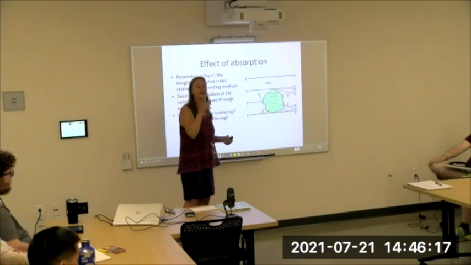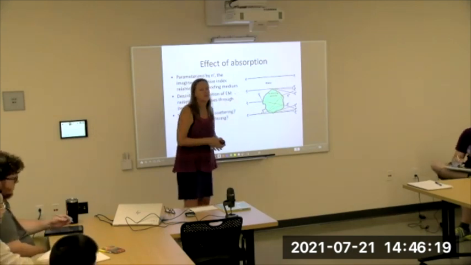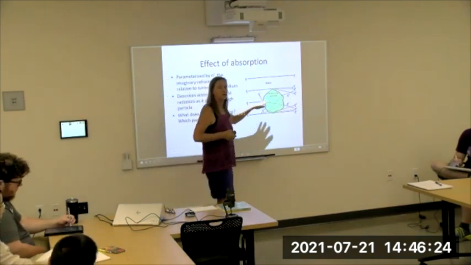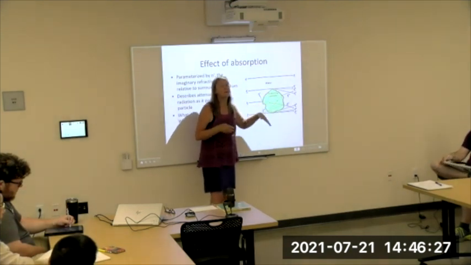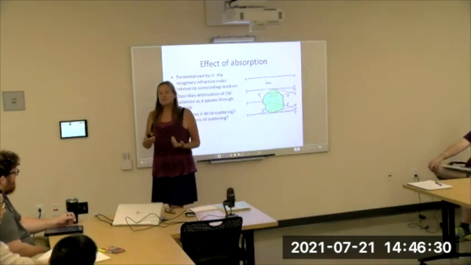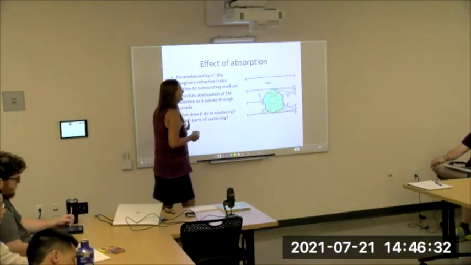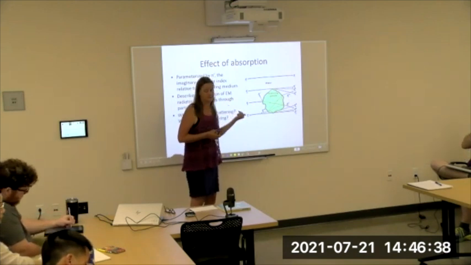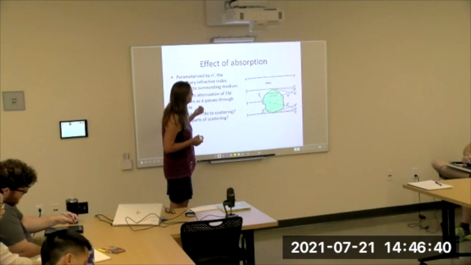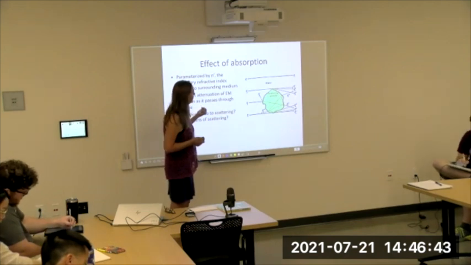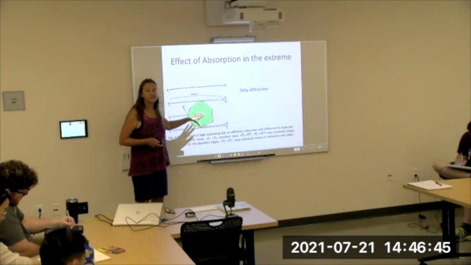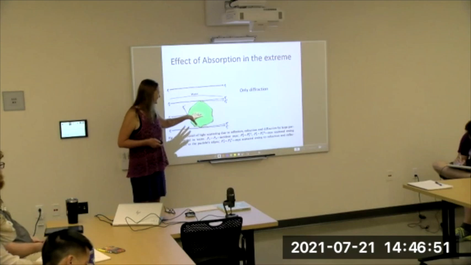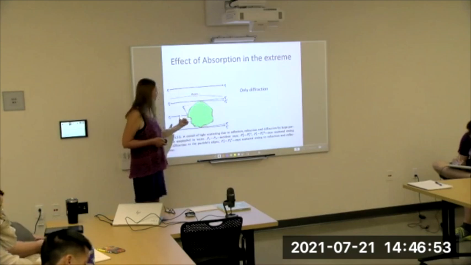So you actually can see the effects of absorption. It's not exact, there are some other processes that go on, anomalous dispersion, so there's some shifting that goes on, but essentially you have less scattering in the spectral bands where you have absorption. So you want to be really careful where you select those bands. And in the extreme, if you had a perfectly absorbing, 100% absorbing particle, you would really only see diffraction and maybe some reflection.